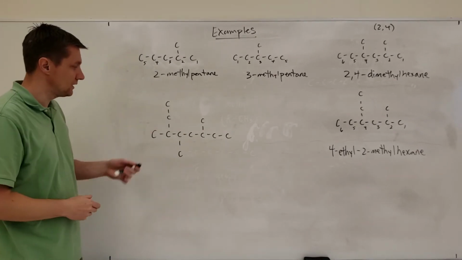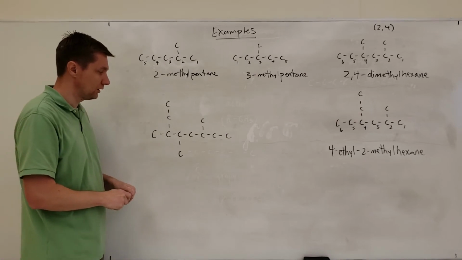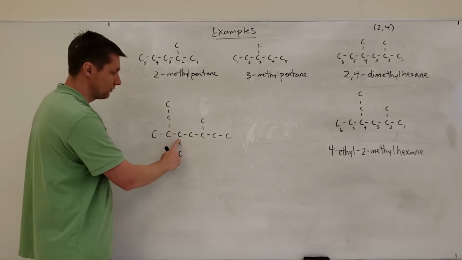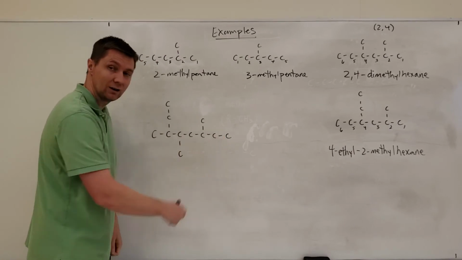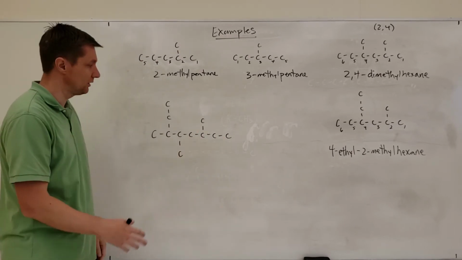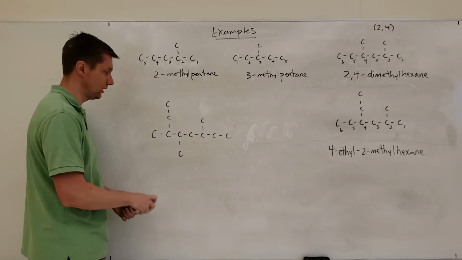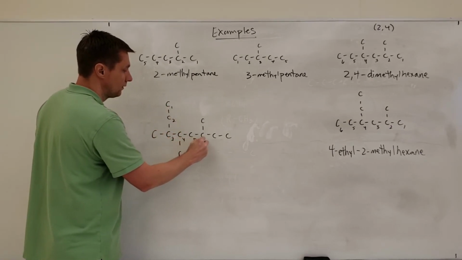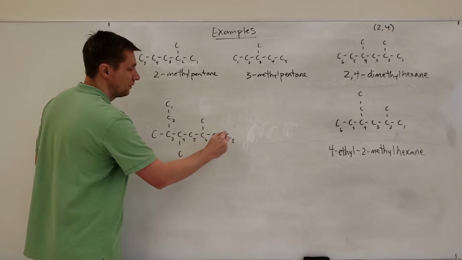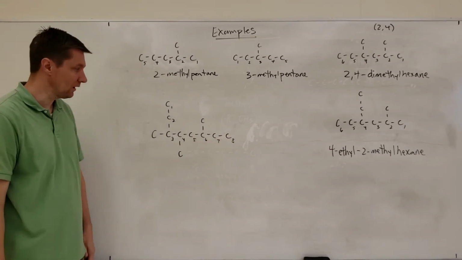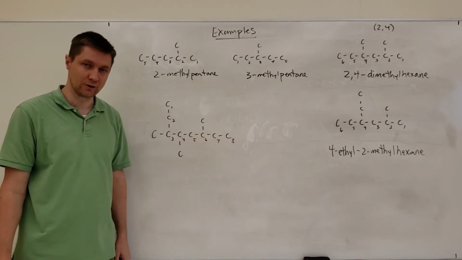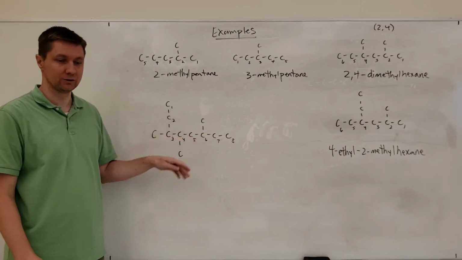And so in this case right here, many of you may have gone 1, 2, 3, 4, 5, 6, 7, and said 7 was the parent chain, but in fact 8 is the parent chain, because we would number it like this. And you can see that that is one continuous chain of carbons connected to each other, and so that is my parent chain.